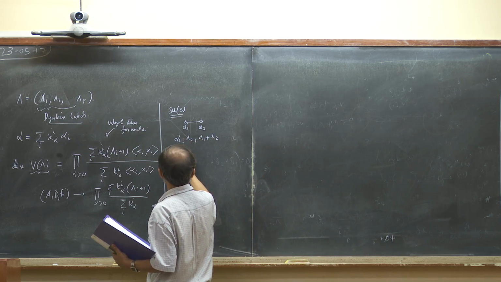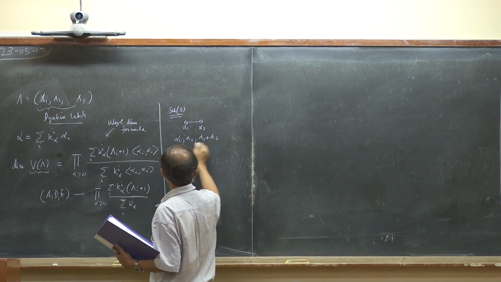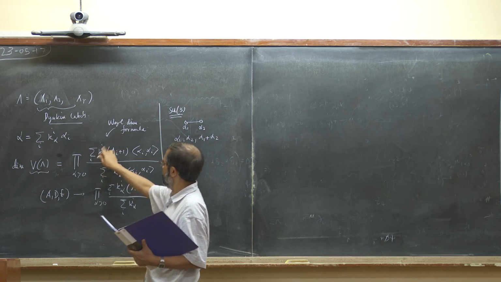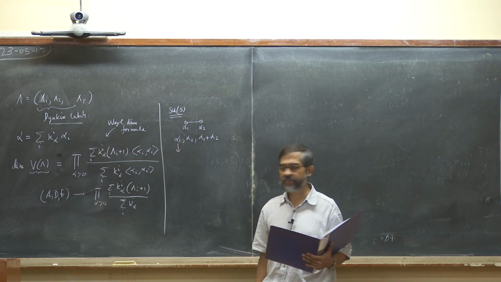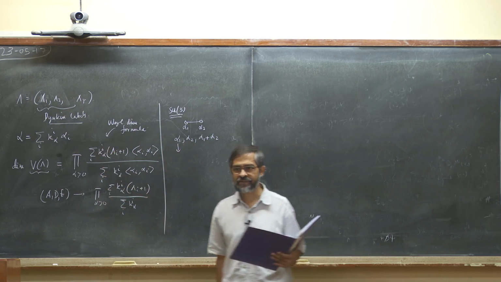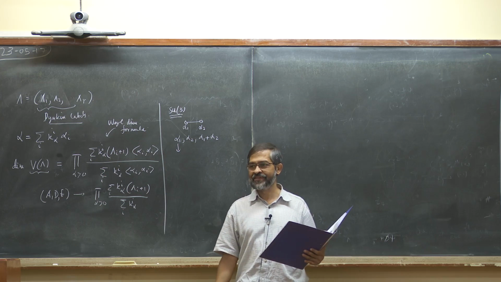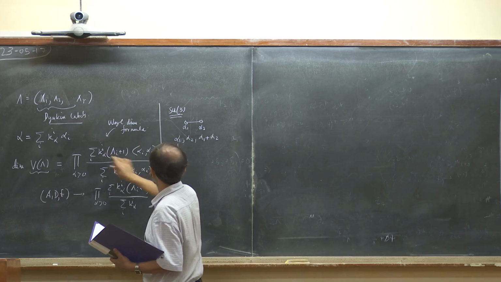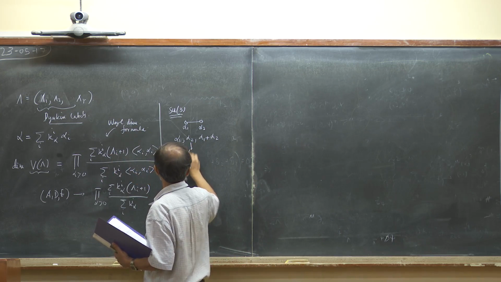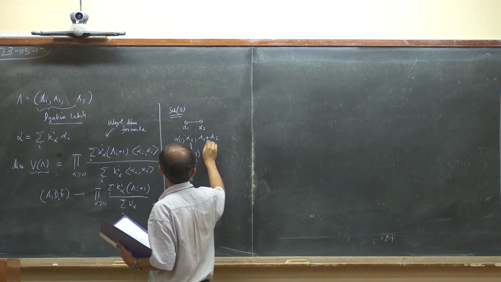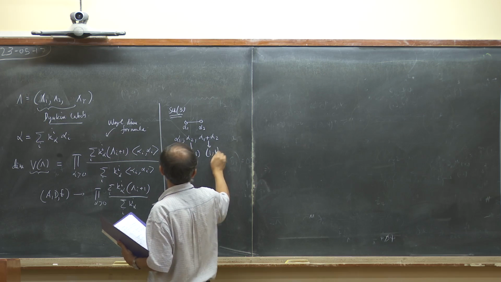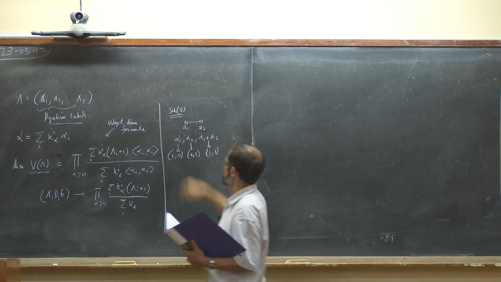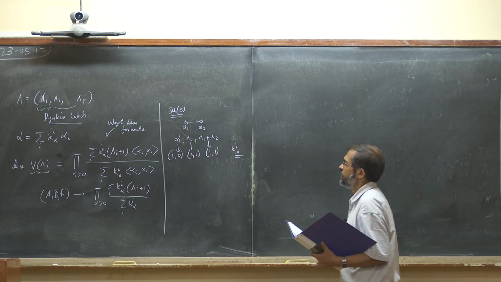And so therefore, what are the k_i alpha integers? For alpha 1 it's just 1, 0. So the k vectors are 1 0, 0 1, and 1 1 for these various positive roots.